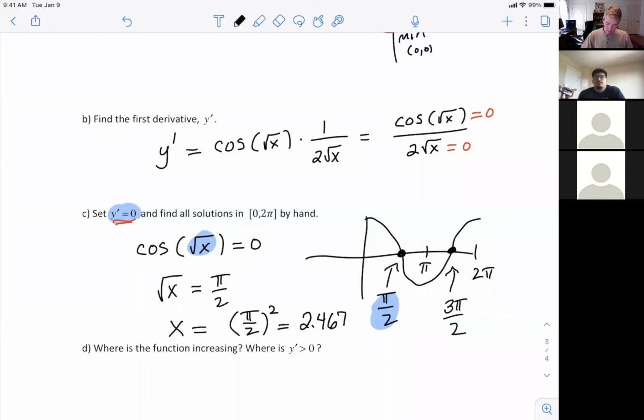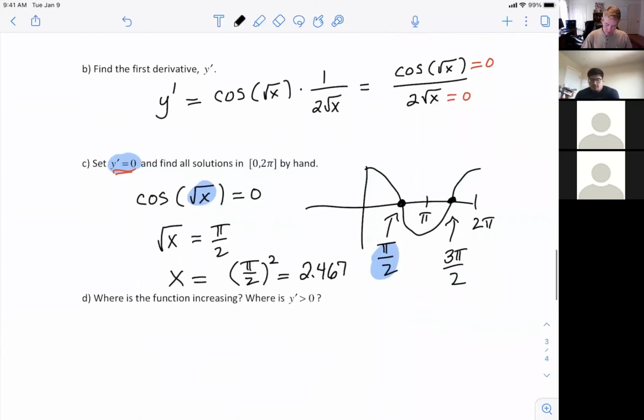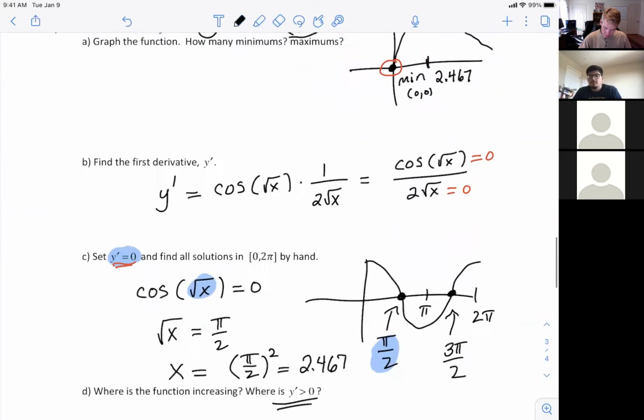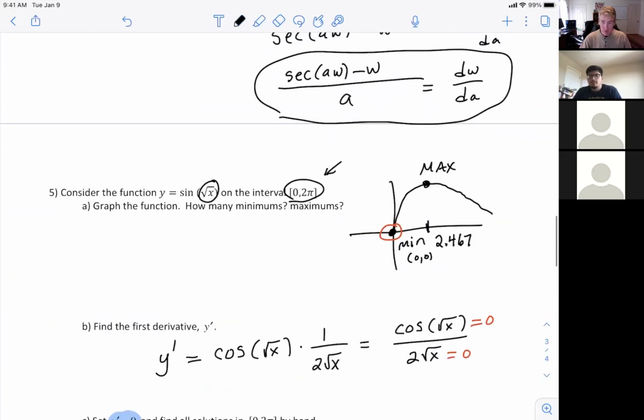And then where's the function increasing? Or in other words, where's the derivative positive? Well, this point right here, for the maximum, this point right here was x is 2.467. Was that right? 2.467? Yeah. So that means this is the part that's increasing.